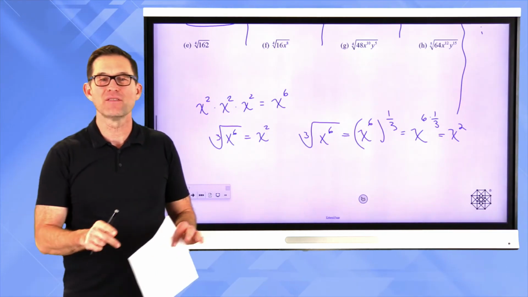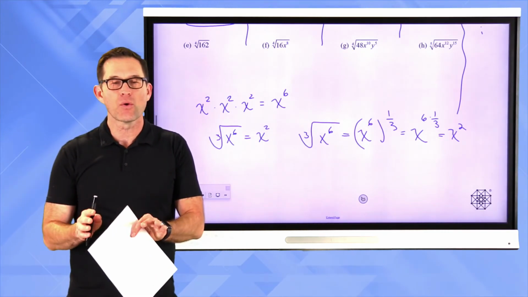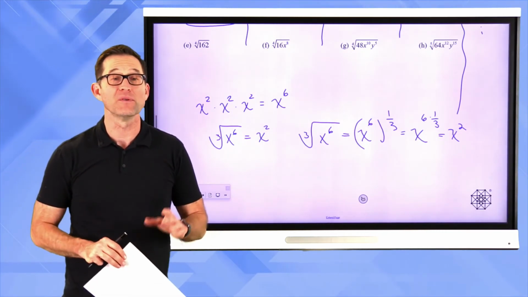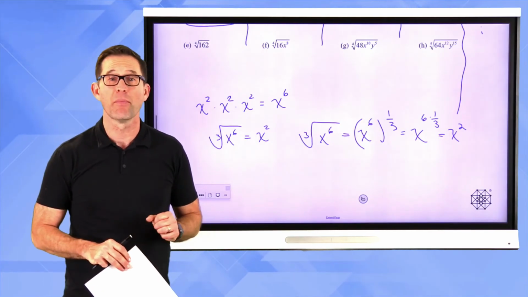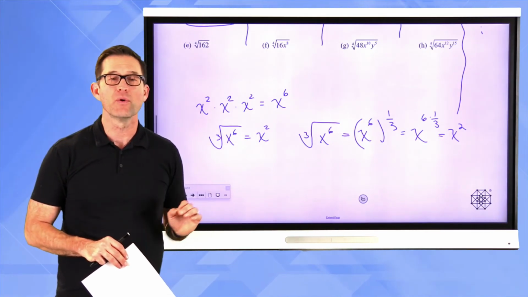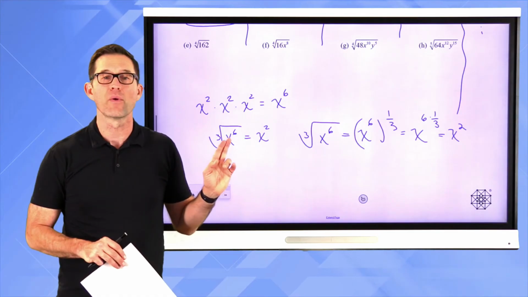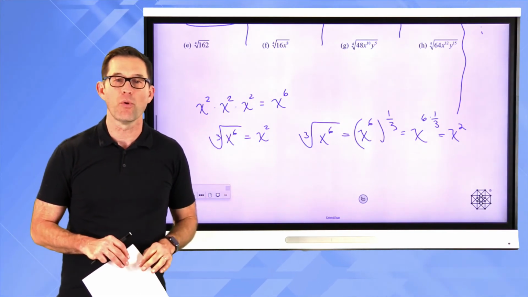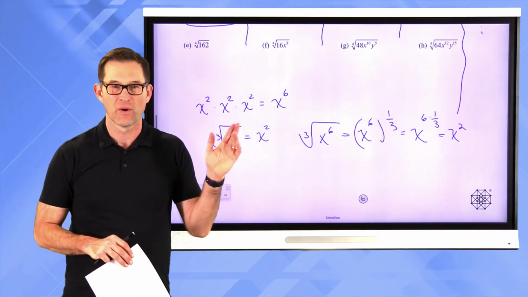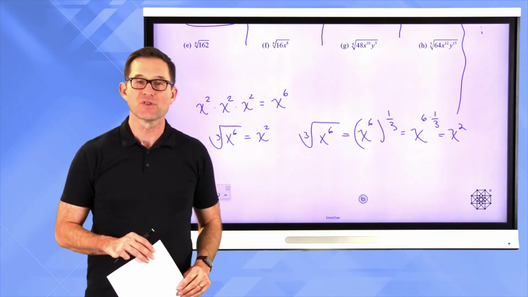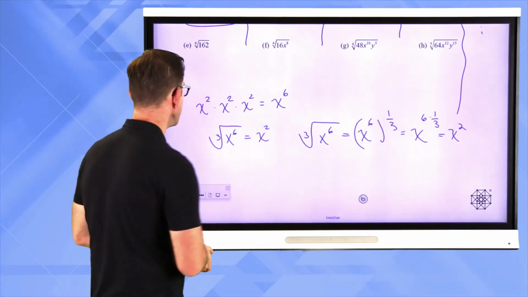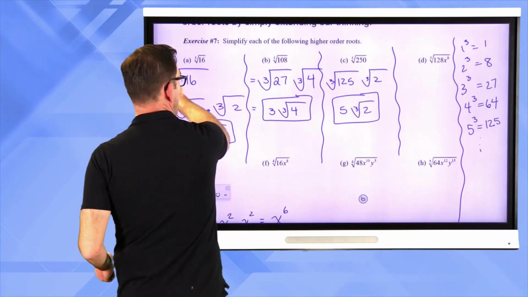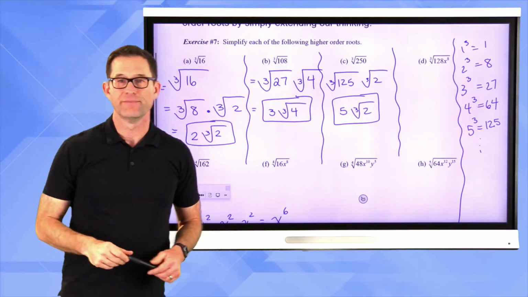Just like I could take the square root of any quantity raised to a power that was divisible by 2, the cubed root I can take of any quantity raised to a power that's divisible by 3. Hopefully that makes sense. So let's take a look now, we'll eventually erase all that, at letter D.